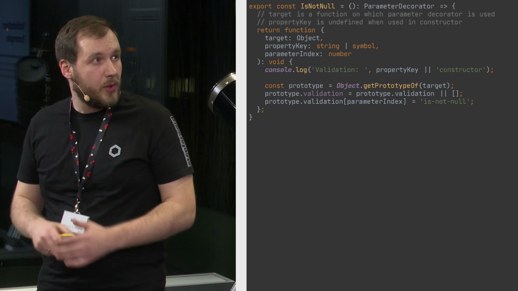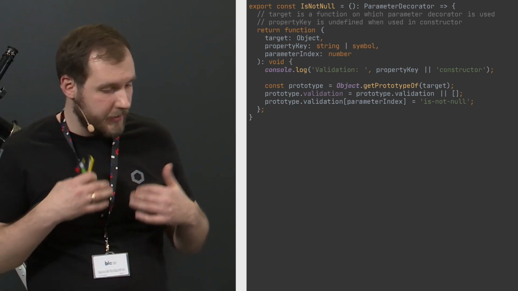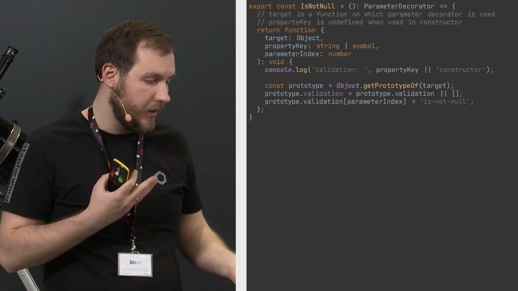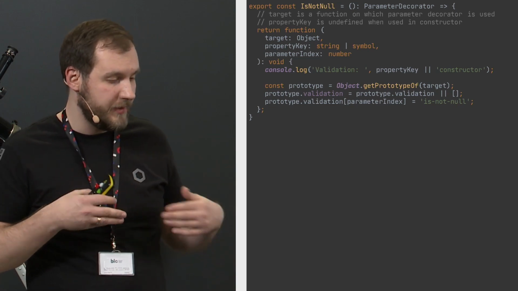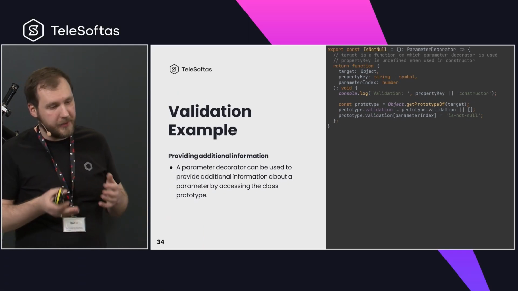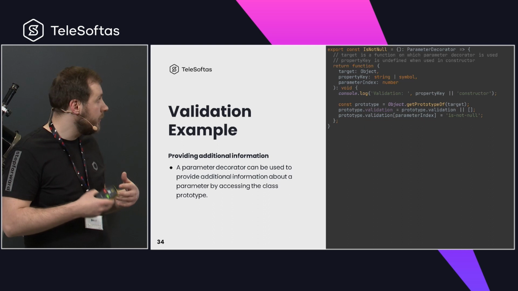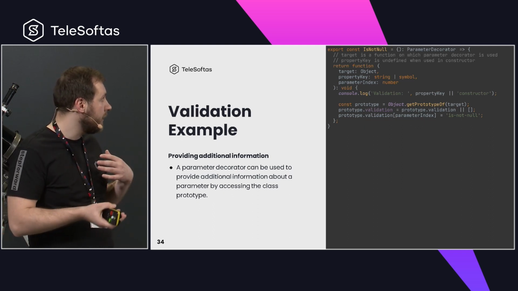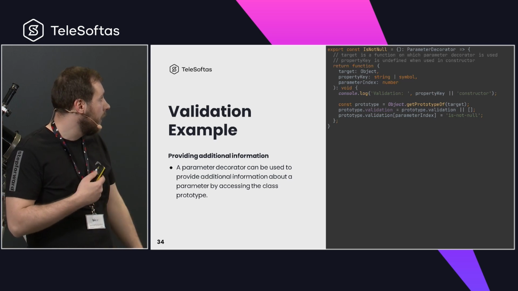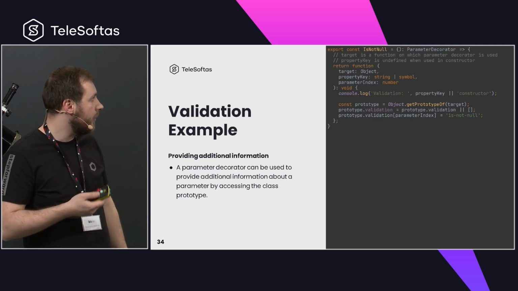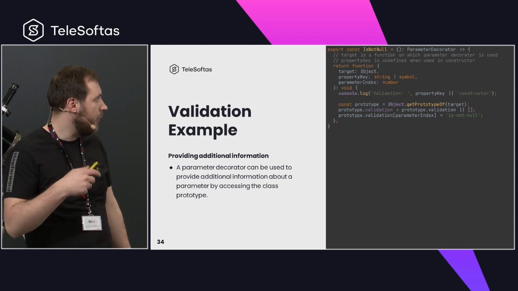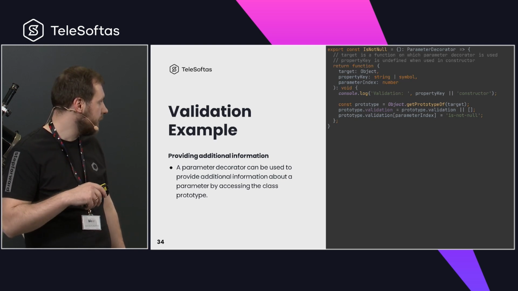Right. So this is one of those examples where you can combine decorators, and even though, for example, parameter decorators or accessor decorators aren't interesting by themselves, you can achieve interesting results by combining them with, for example, a method decorator. So in this case, I've created a parameter decorator which basically just assigns additional information about that parameter using the class reference.